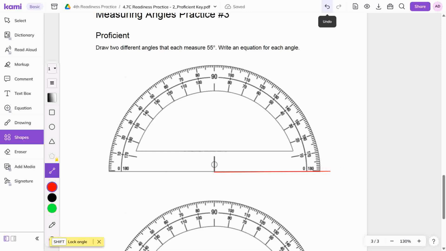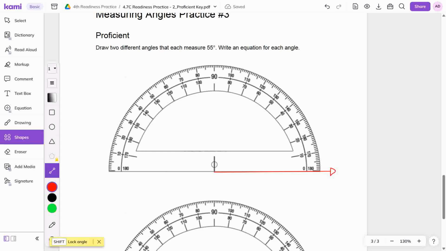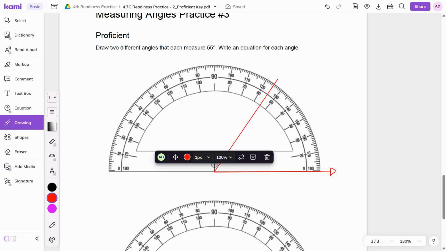Okay, so I'm using the zero line, but the zero is on the inside. So that means I need to go to 55 on the inside, not the outside. I'm not going to use that 180. So I'm going to start at that exact same point here, and I'm going to go my 55, and my 55 is going to land right there between my 50 and 60, using, once again, inside numbers.